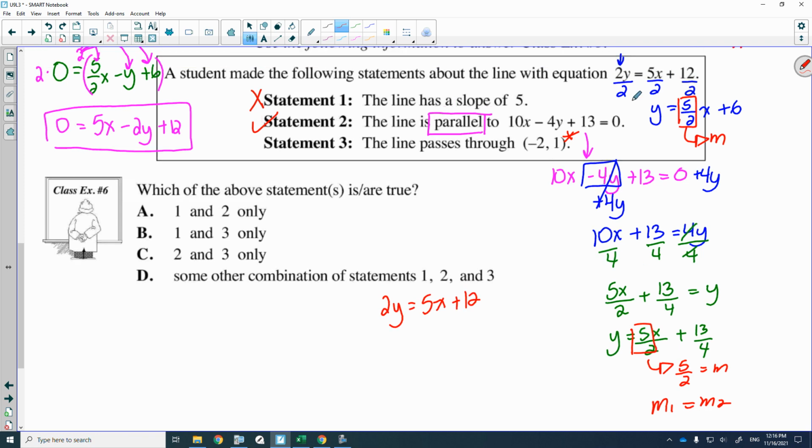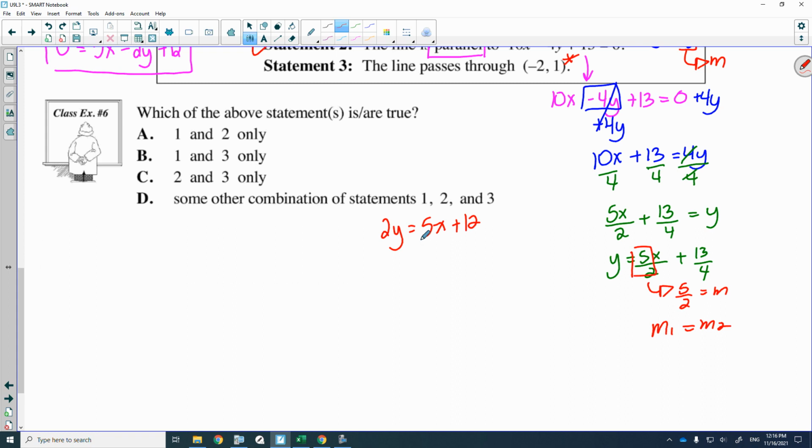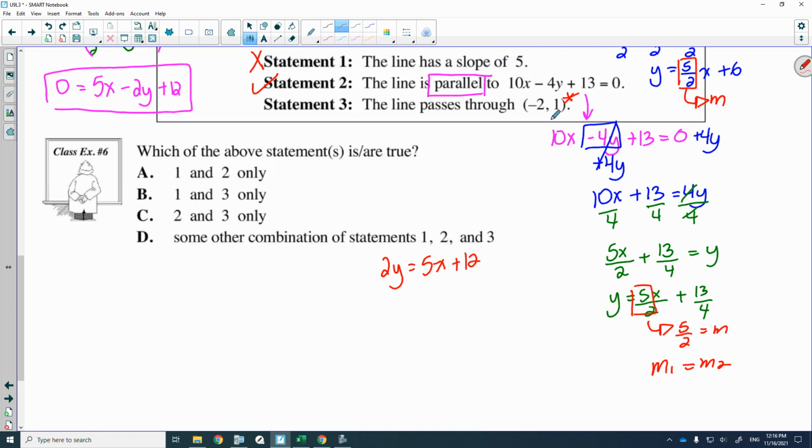I just took the original equation. You could actually take the manipulated equation, but I always take the original. They want to know if this line passes through negative 2, comma 1, and how could you algebraically show that without typing it on your calculator?